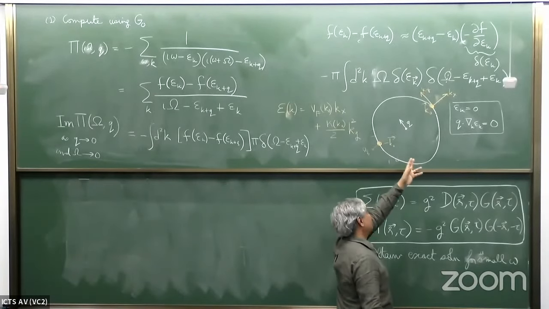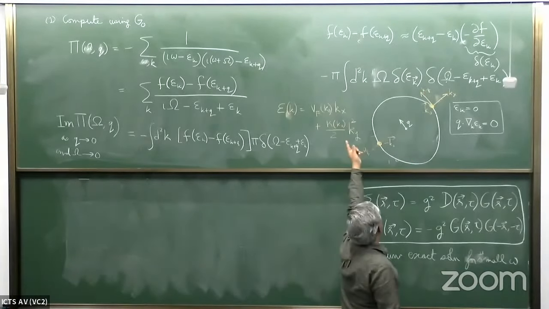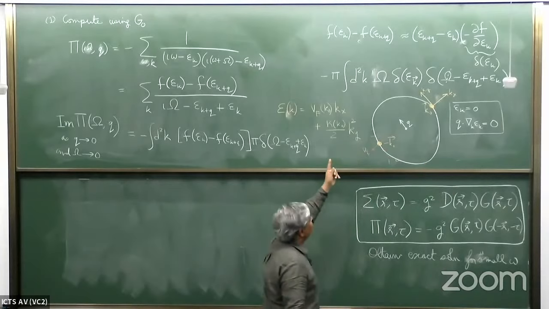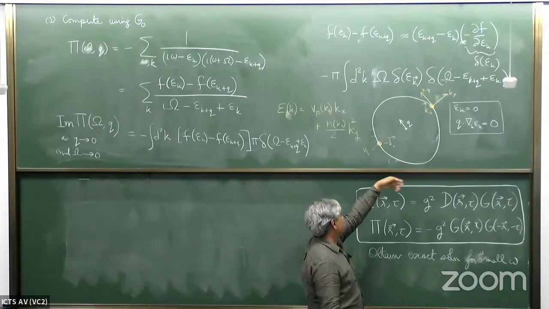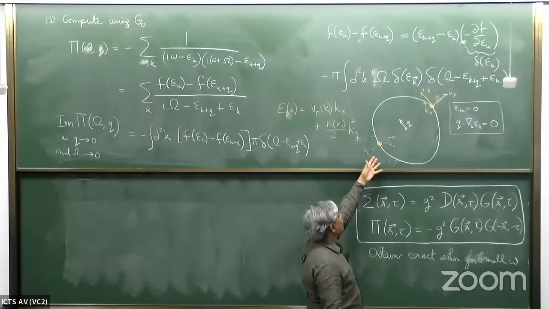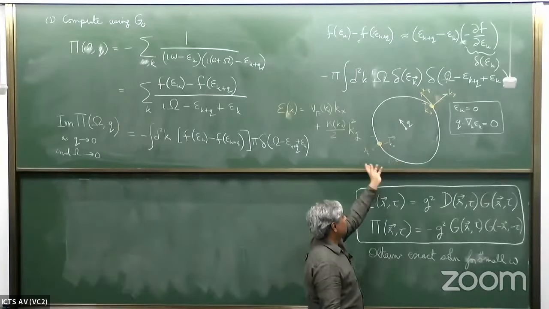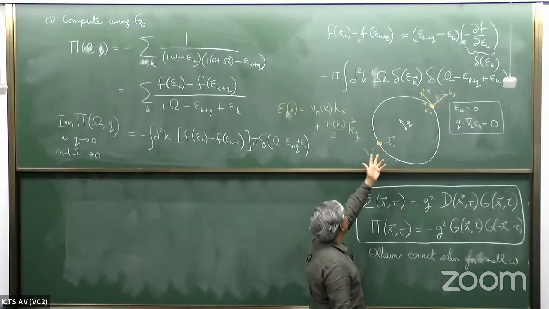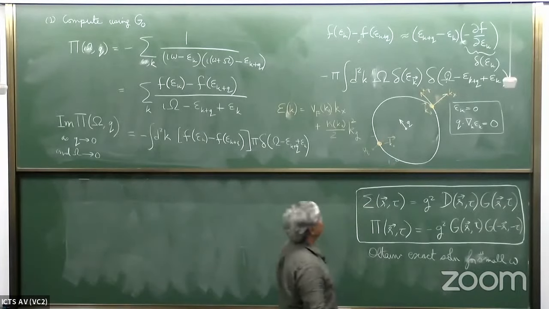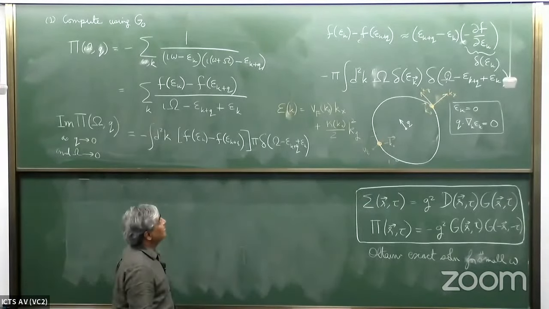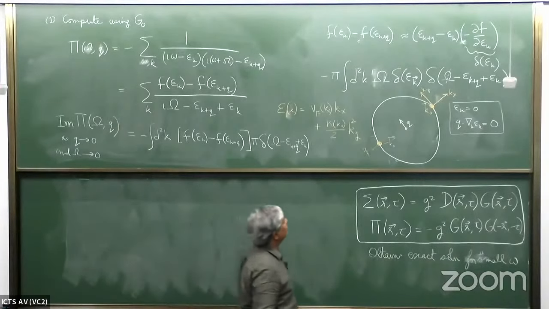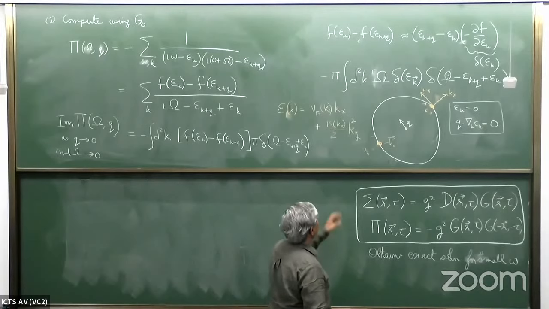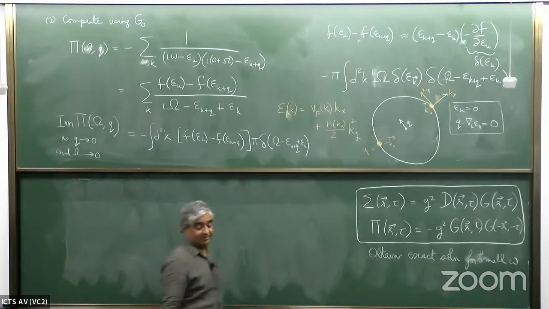Now, what I'm going to do, I haven't done it yet. Right now, I'm just saying I'm going to do this integral that's up there. And that integral will have 2 contributions, one from the point k0 and one from the point minus k0. I'm just going to do those 2 integrals in 2 separate steps. I'm just doing that integral on the top, and the integral has contributions from 2 points.